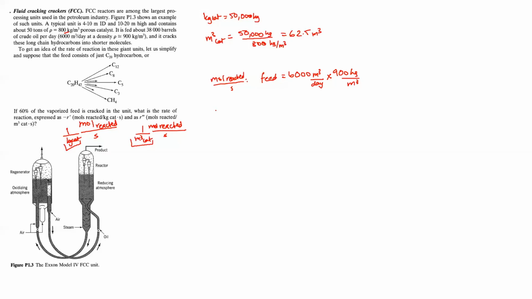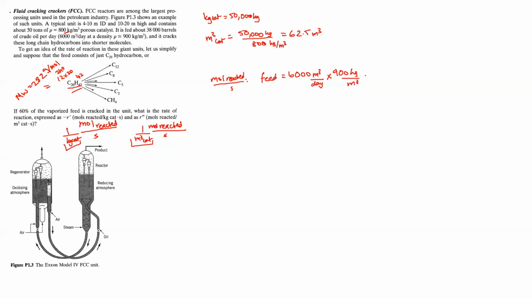So let's have a look here. I'm told it's C20H42. So I have basically C is 12 multiplied by 20, H is 1 multiplied by 42. So the molecular weight of this is what? 240 plus 42, 282 grams per mole, right?